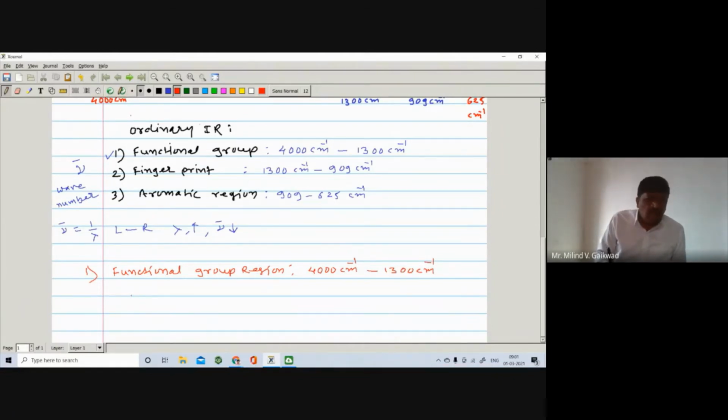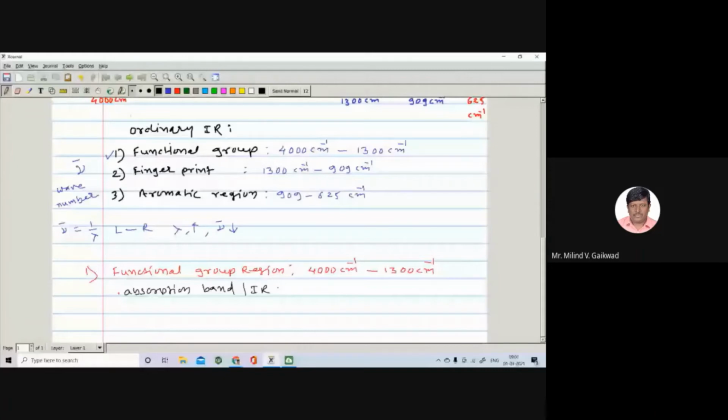Whatever absorption bands, or IR spectra, you are getting here, they are due to the functional group.